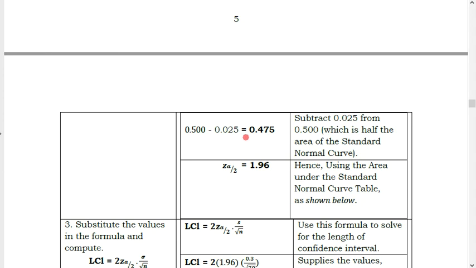Okay? So, 0.475, hahanapin natin ngayon sa table kung ano ngayon yung z-score niya. So, hanapin natin sa table ng z distribution doon sa half lang ng curve ng table. So, we have 0.475.